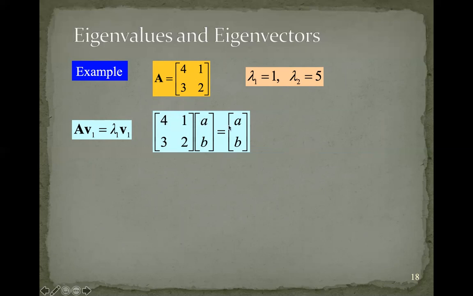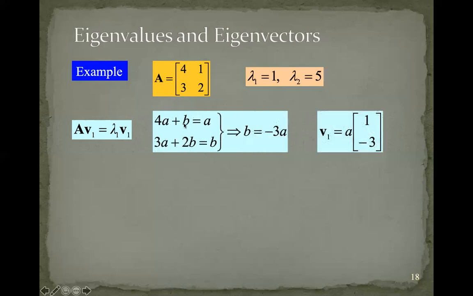4A plus 1B equals A, 3A plus 2B equals B, right? So now we have two equations in the system. We can solve for A and B, and we find that B equals minus 3A.